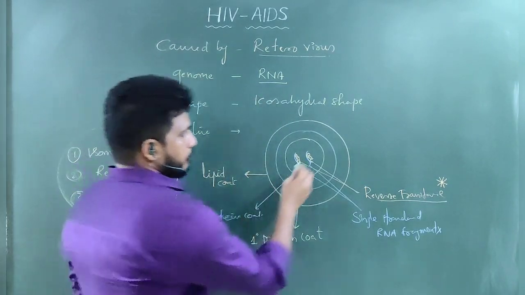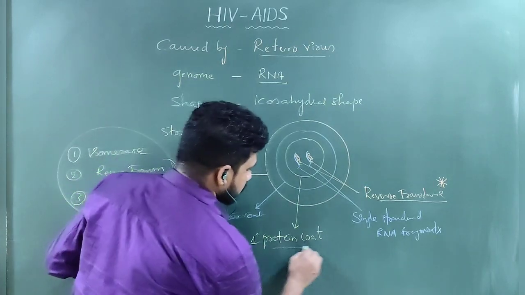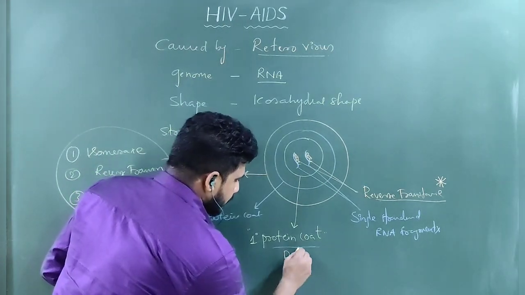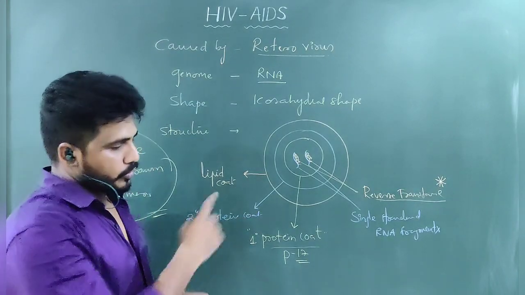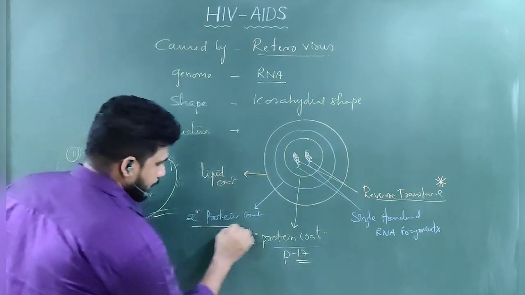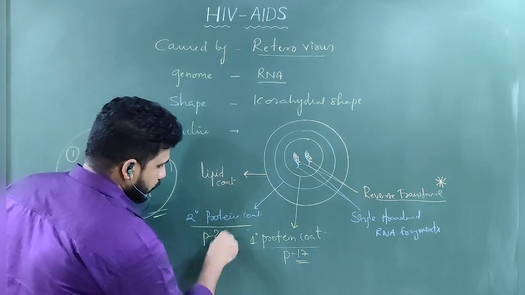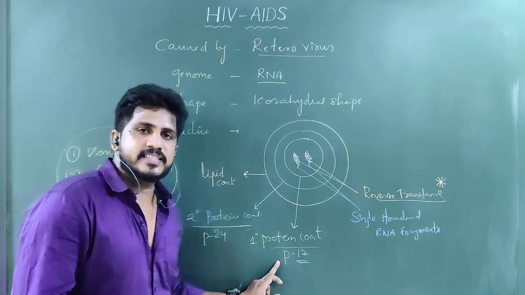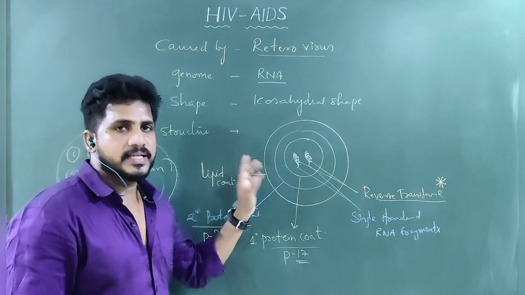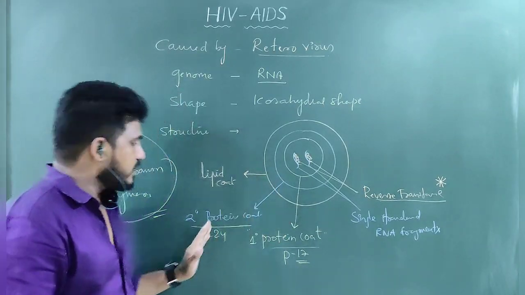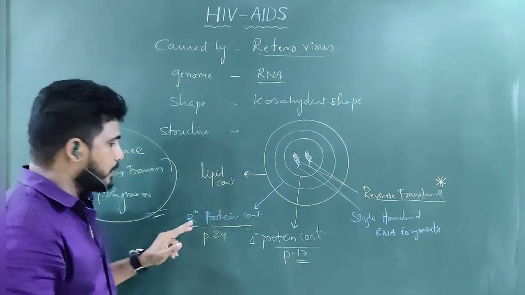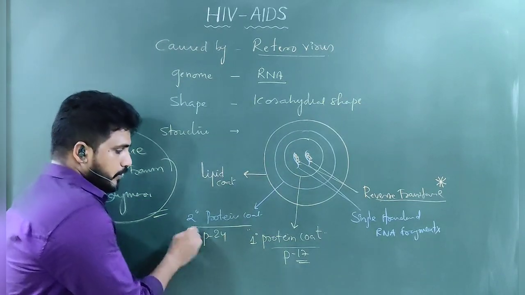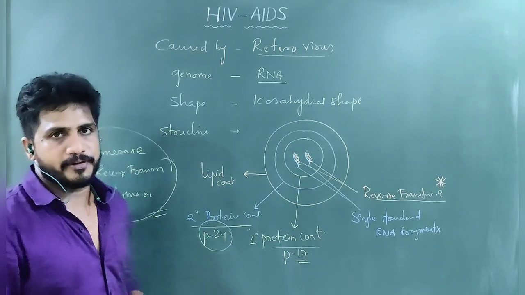Then the first protein coat is P17, named for its molecular weight of 17, whereas the secondary protein coat is called P24. So P17 is the primary coat, which is around the two single stranded RNA, whereas single stranded RNA plus P17 together are covered by another coat, called the secondary protein coat, P24.